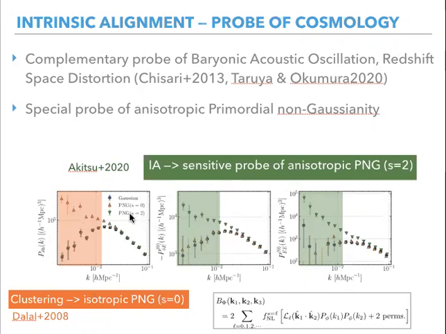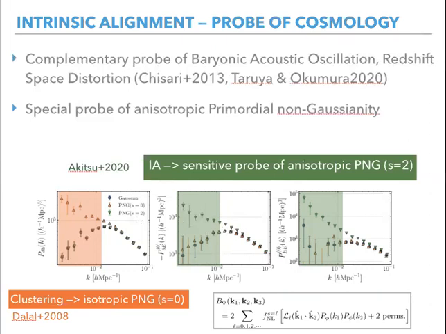However, for the anisotropic primordial non-Gaussianity, it shows no difference from the Gaussian one. This is different if we use the intrinsic alignment signal. It shows a very different signal for the anisotropic primordial non-Gaussianity and the Gaussian one.